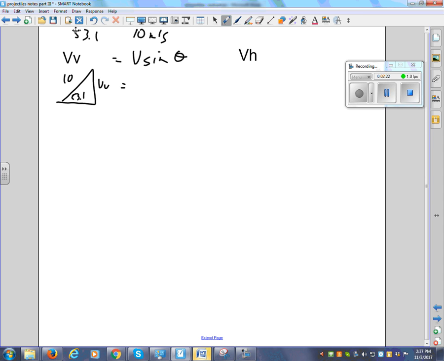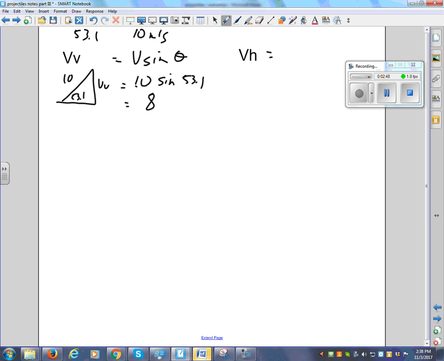V vertical, yeah, so that's going to be 10 sine 53.1, right? And the sine of 53.1, I know why I picked this. It's 0.8. It's a nice 0.8, multiplied by 10, of course, is going to give you 8. That's why I picked 53.1, because it's a nice even 8.